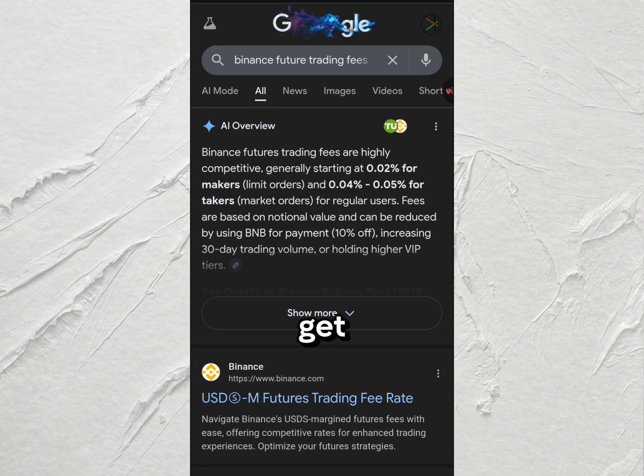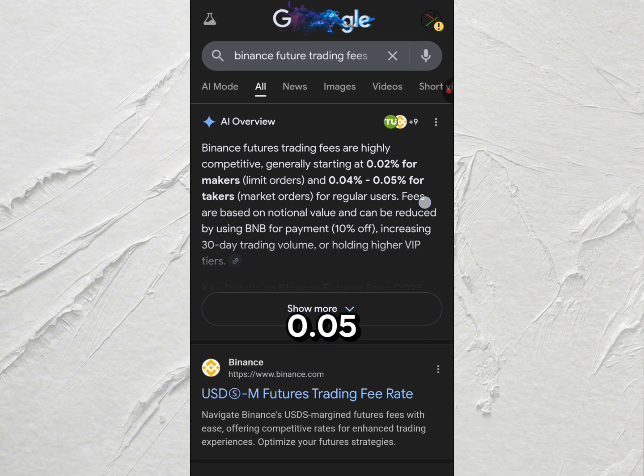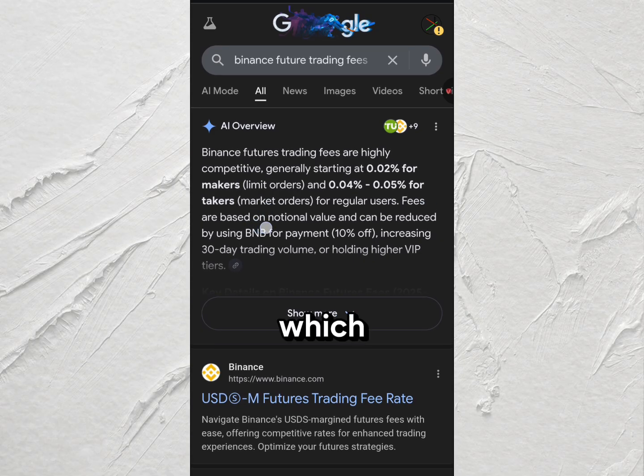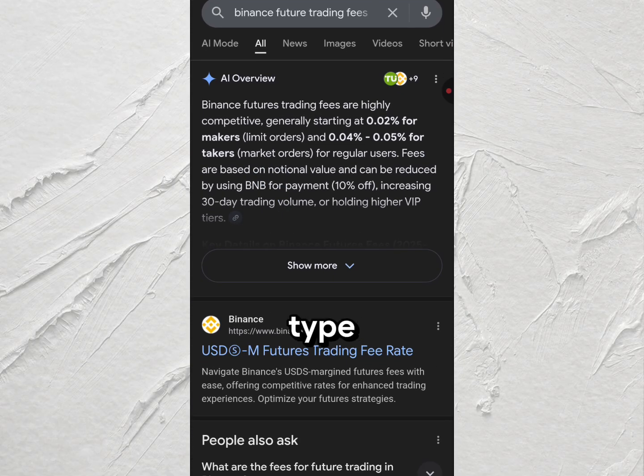So now you get to realize that overall, Binance deducts about 0.02 for maker, that's limit order, and 0.04 for taker, or between 0.04 to 0.05 for taker, which is the market order type.